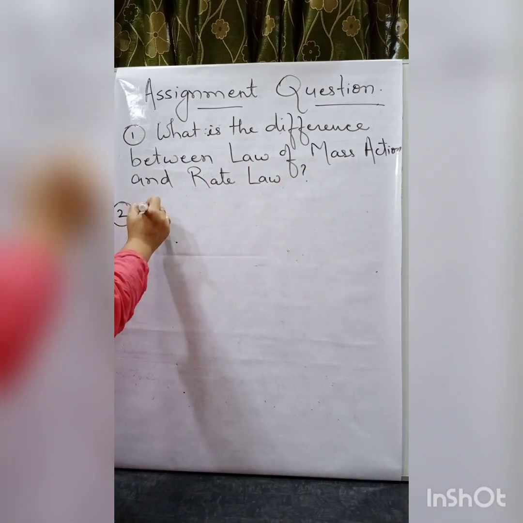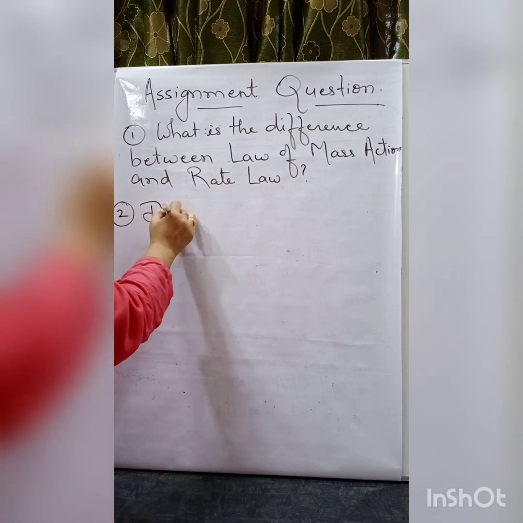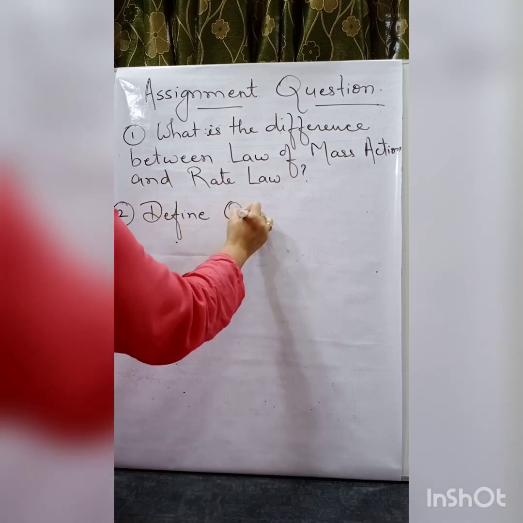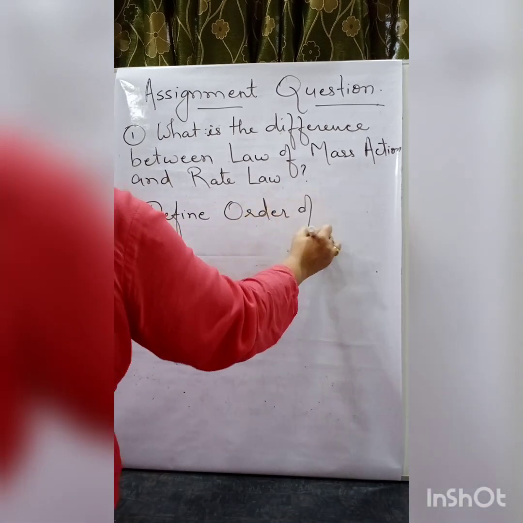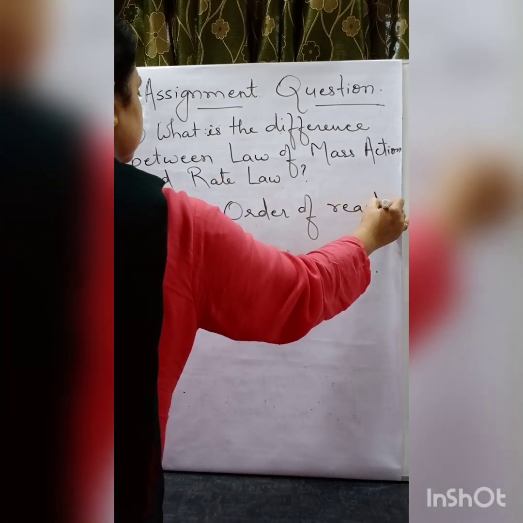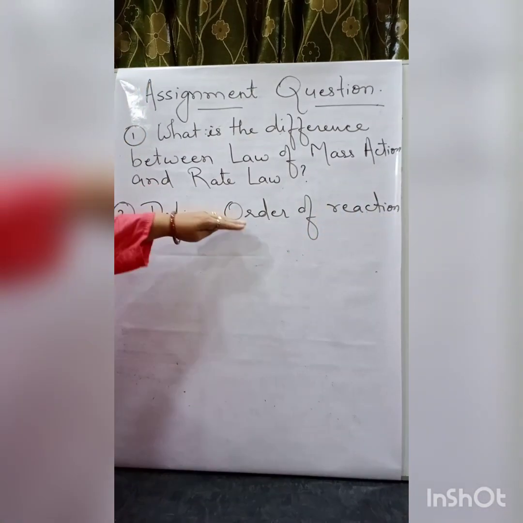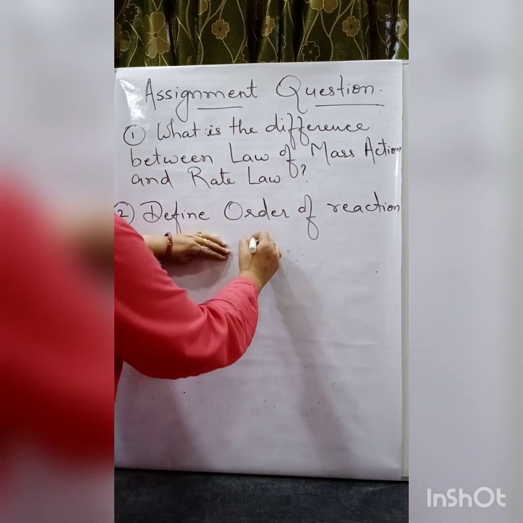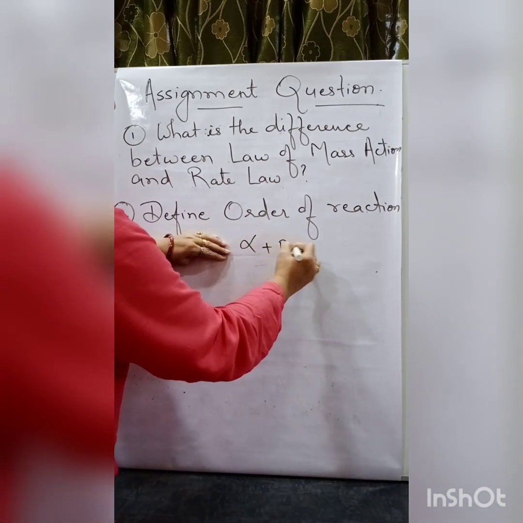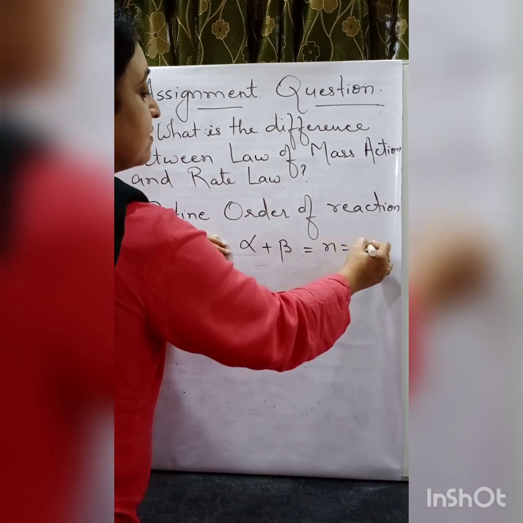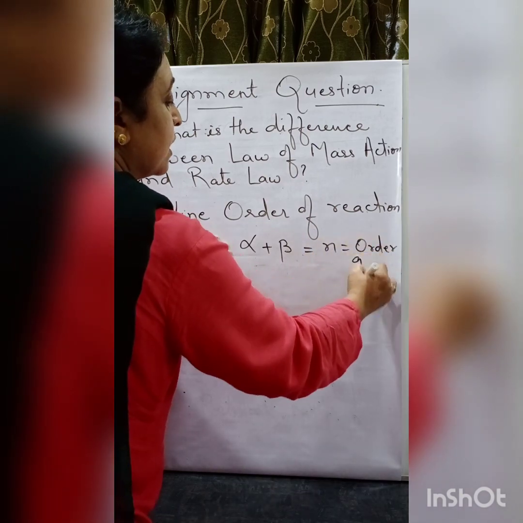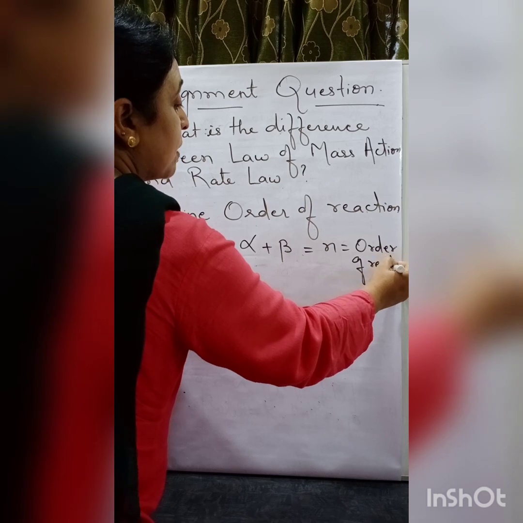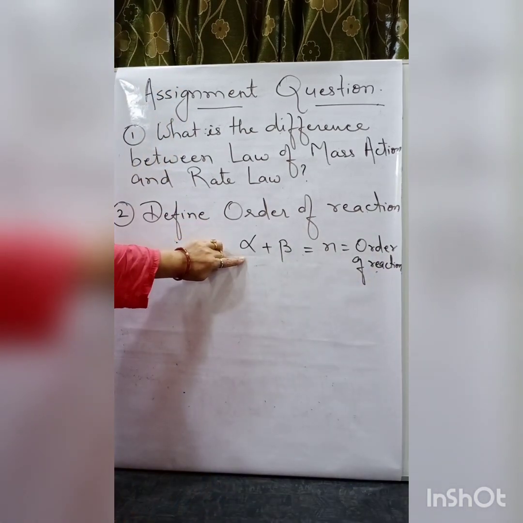Next question: define order of reaction. As I already explained, order of reaction is the sum of concentration terms alpha plus beta, which is n, the order of reaction. One very important thing about order of reaction is that it is always determined experimentally.